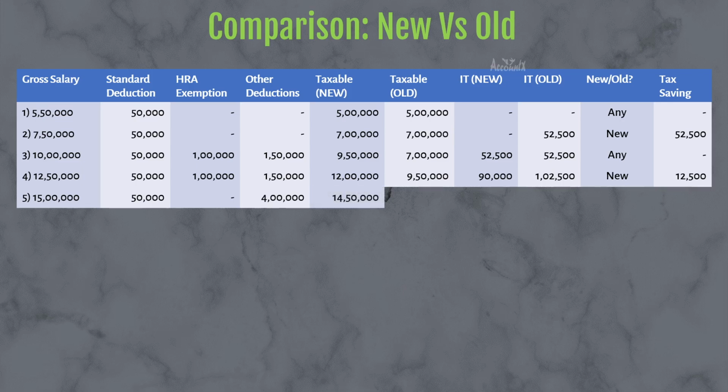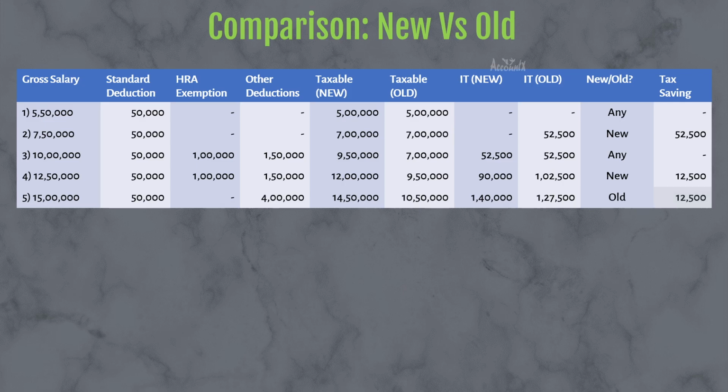So taxable salary in new tax regime would be 14.5 lakh and that in old tax regime 10.5 lakh. Tax liability in new tax regime is 1.4 lakh and in old tax regime it is going to be 1,27,500. So if you choose old tax regime here, your tax saving would be 12,500.